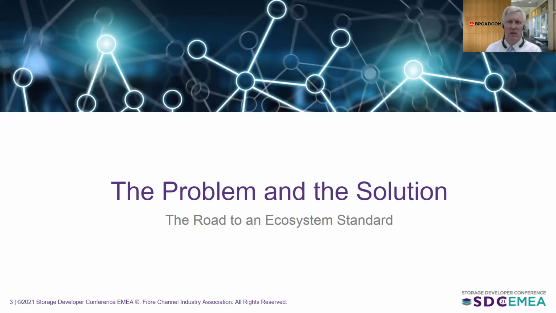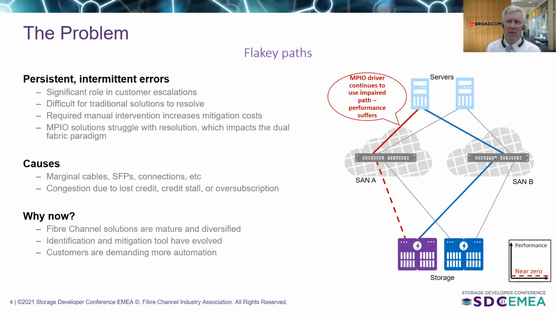So let's take a look here at the basic issue. Over on the right-hand side of the screen, you can see that we have a small fabric setup with dual paths. And in this case, we have one particular path that is causing us some problems. If this path is a solid failure, it's very easy for both applications and administrators to identify that particular path.